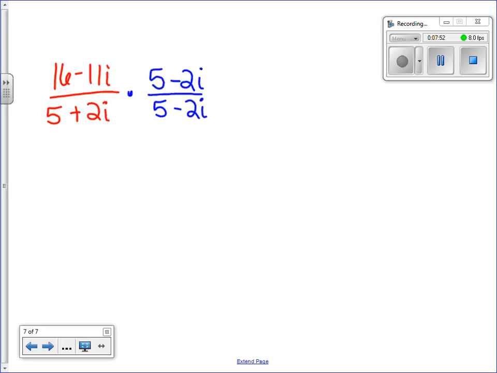Alright, let's do all of the top. What's 16 times 5? 80. 16 times a negative 2i. Negative 32i. Negative 11 times 5.